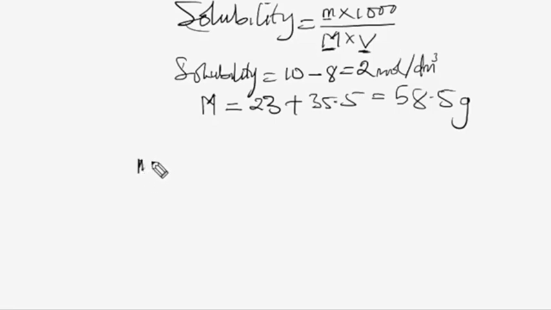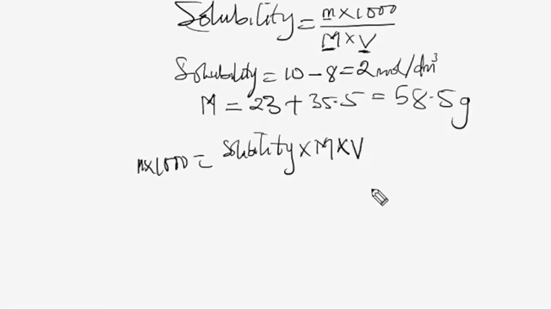The mass times 1000 will be the solubility times the molar mass times the volume.